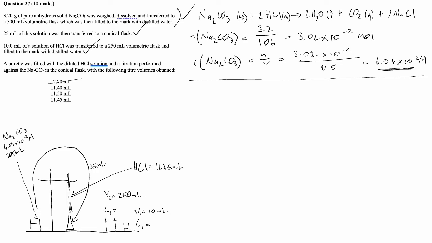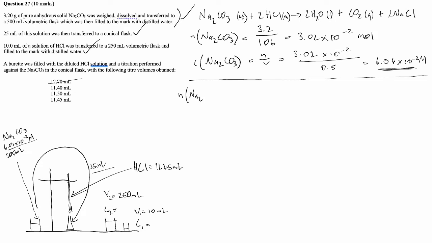Using what we have here, let's go ahead and calculate some moles and concentrations as we go. Let's start by working out the number of moles of sodium carbonate. We have a concentration of sodium carbonate and we have 25 ml of it. So let's do that first. Start with what we know.